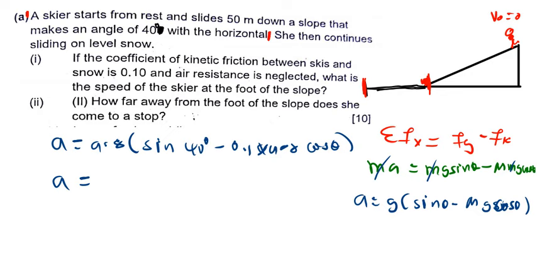Those having calculators, so 0.98, you need to do it cos, or you can say sine 40 minus 0.98 cos 40. What are you getting?